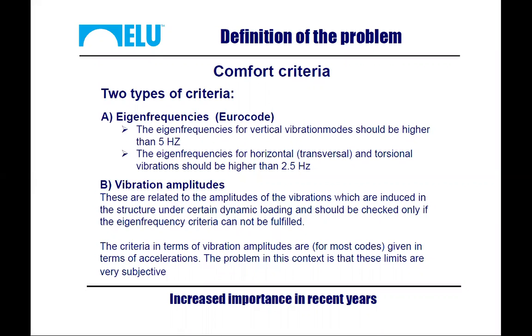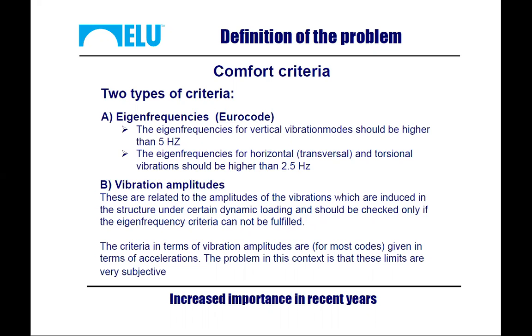So there is no clear threshold. The threshold values are most of the time defined in terms of probabilities of adverse reactions to the motion of the bridge. So perhaps if we fulfill the criteria in vibration amplitudes, 95% of the people crossing the bridge will say, okay, this is an okay bridge.